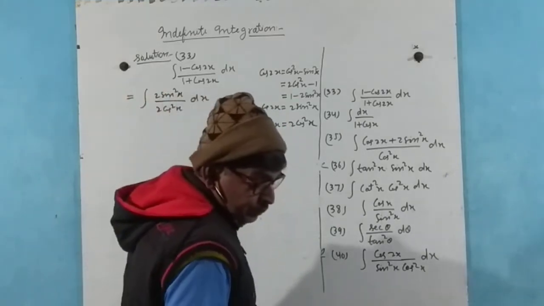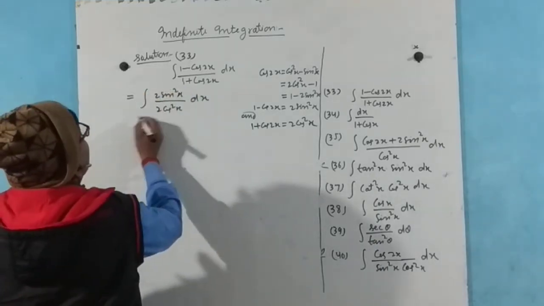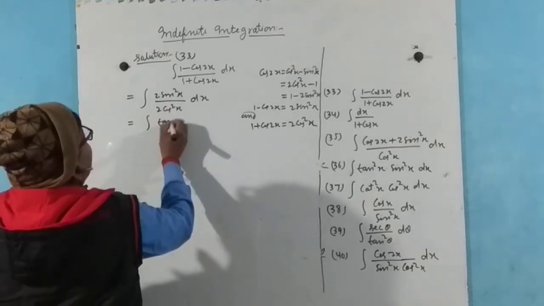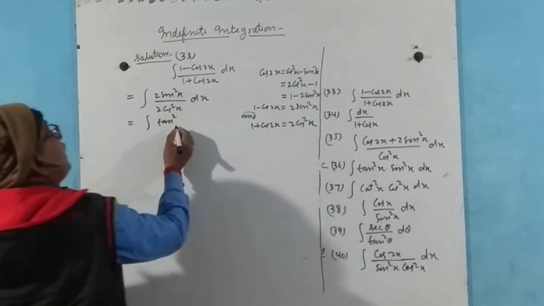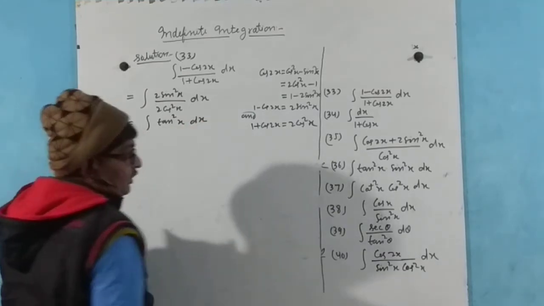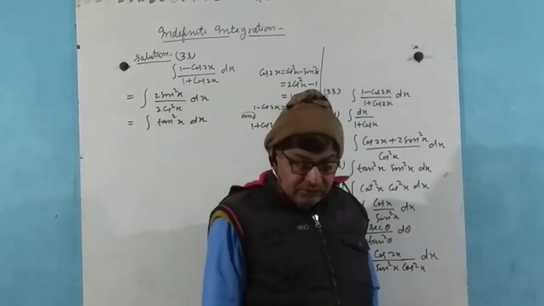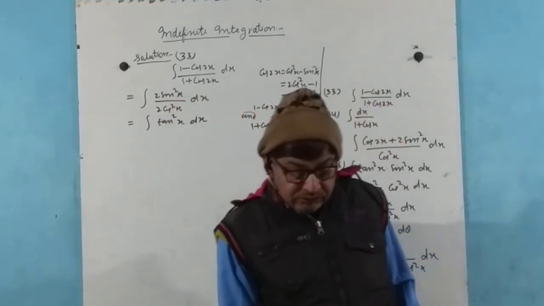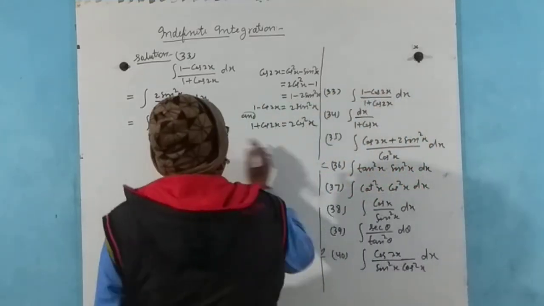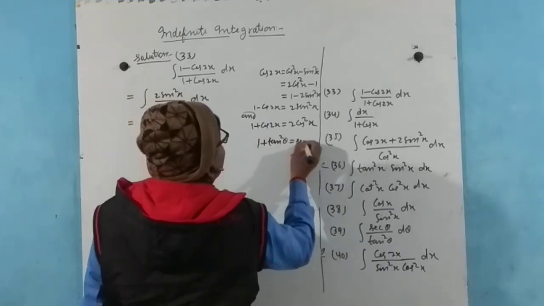Now here the 2 cancels. This is equal to integration of sin square theta by cos square theta, that is tan square x dx. And now 1 plus tan square theta equals sec square theta.